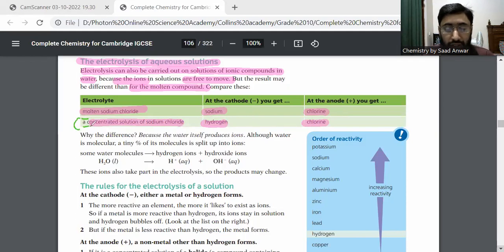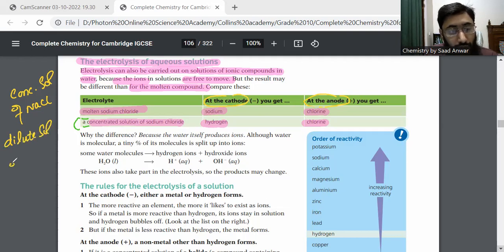In my next video, I will try to explain what happens when I have chosen a concentrated solution of sodium chloride, which product will appear at cathode and which at anode, and what the story will be when I have chosen a dilute solution of NaCl.